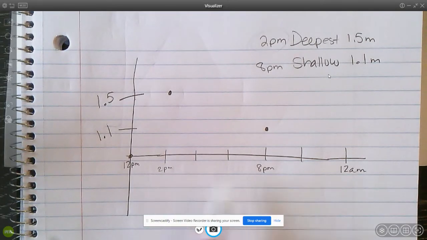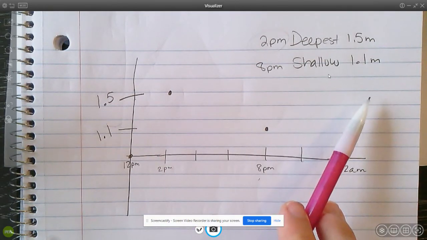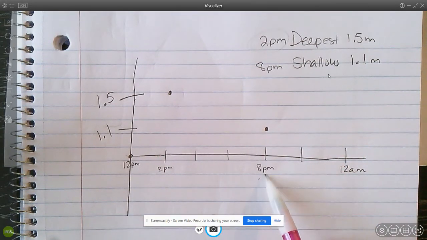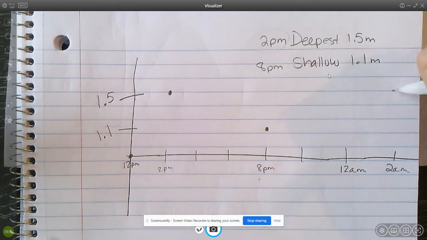So that was 6 hours, and that's just from going high to low. So to go back to high, we need another 6 hours. So 8 p.m., 10 p.m., 12 a.m., that's only 4 hours. So to get to 6 hours, we need to be at 2 a.m. And here it will be high again.